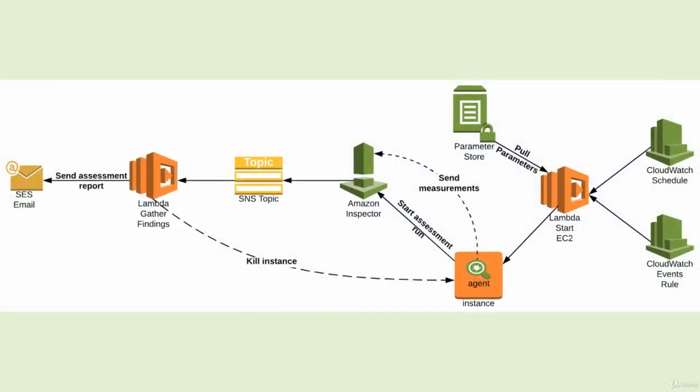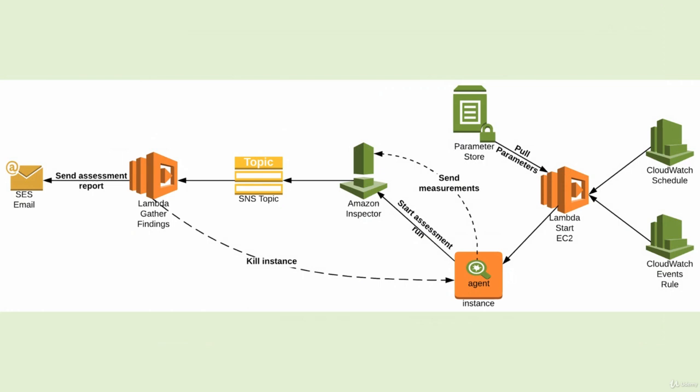You can integrate this with a wide range of services. Here is a use case for Amazon Inspector working with other services as well. When a CloudWatch schedule or CloudWatch event occurs, it may trigger a Lambda for the EC2 or other kinds of instances, which could be integrated with Inspector, SNS, or Lambda to create an SES email service or more.